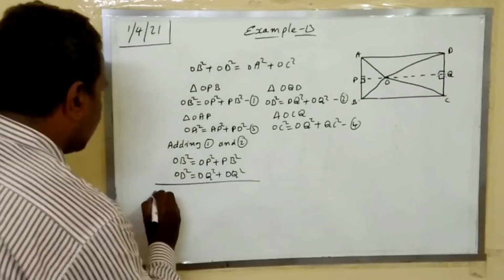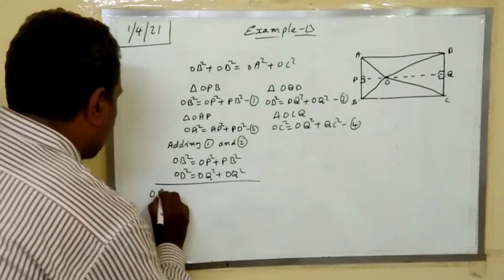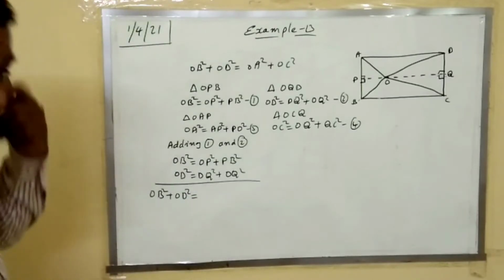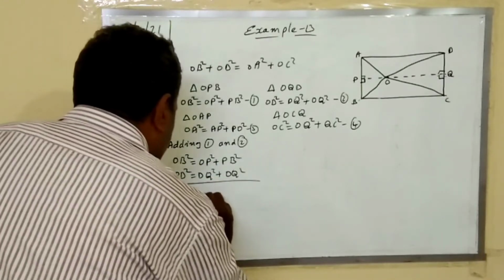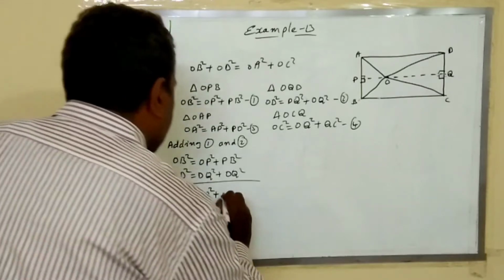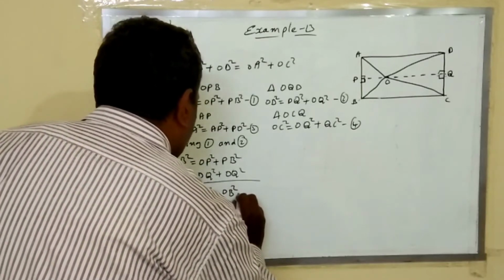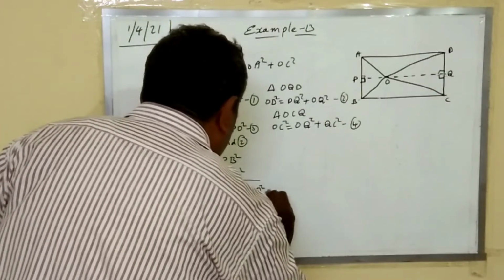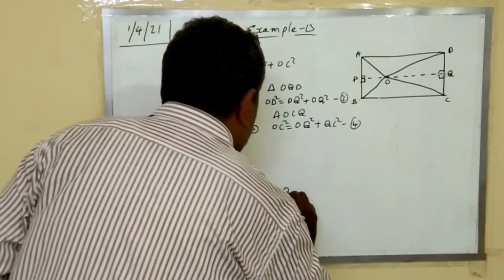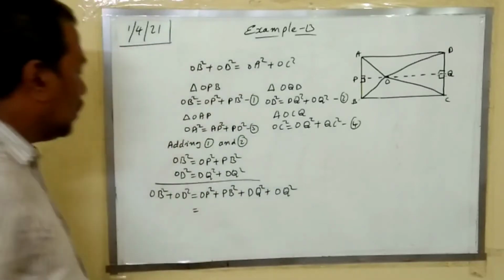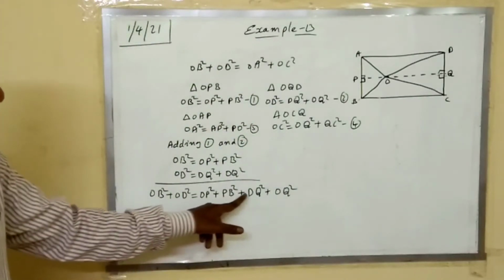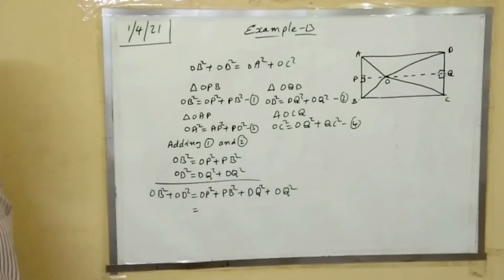Adding one and two, you get OB square plus OD square is equal to OP square plus PB square plus DQ square plus OQ square.